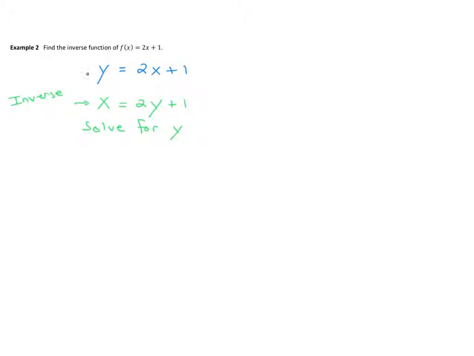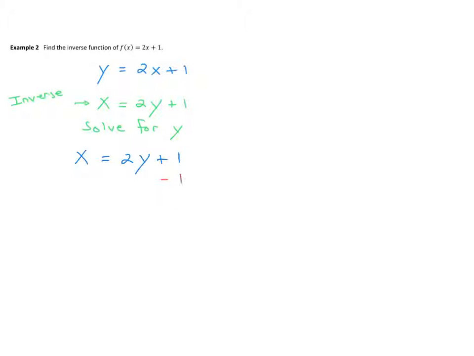Just to recap, I copied down the same equation that I started with, called f of x y, and to come up with the inverse, I called y x and x y, and this technically is the formula that represents the inverse. Our second step is to solve for y, get y by itself. I have my inverse and I want to solve it for y.